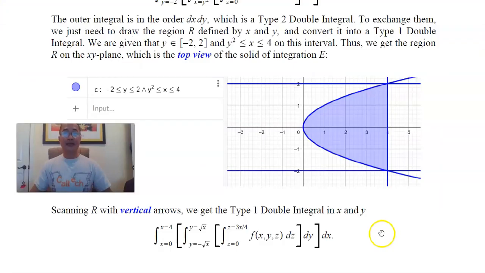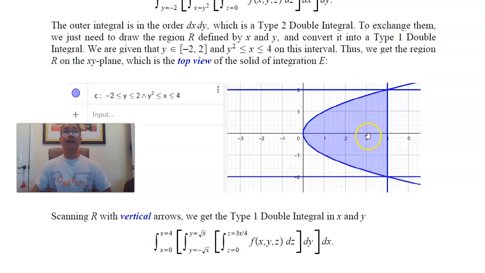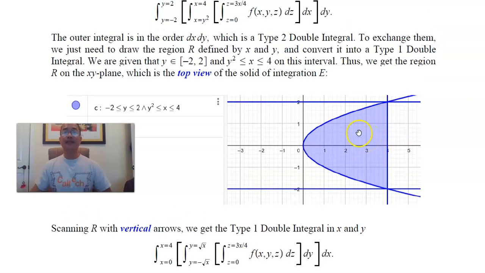All right, so we're back in our PDF, and this is our second order of integration. X goes from 0 to 4. Y goes from the lower half, negative square root of x, to the upper half, positive square root of x. Compare that to our original problem, which is here, and yes, it fits.